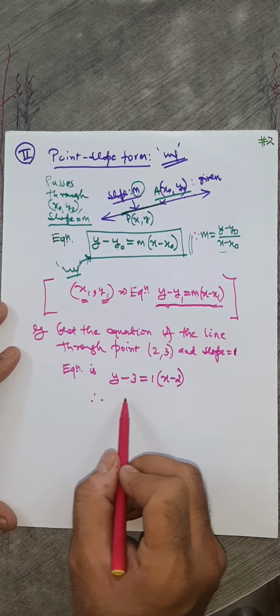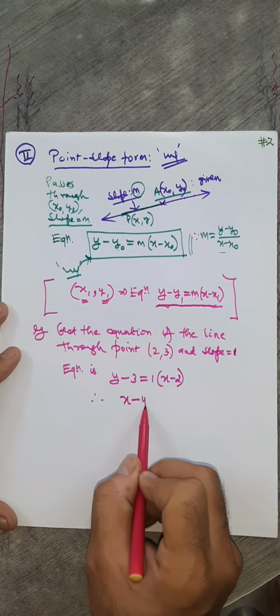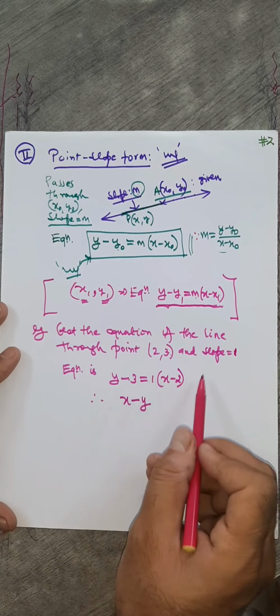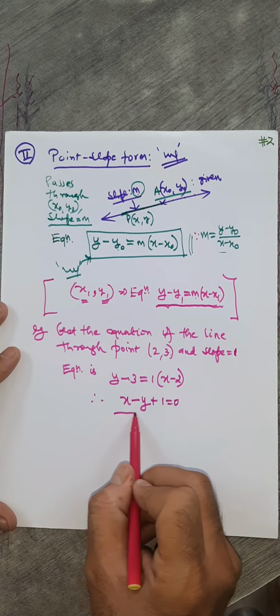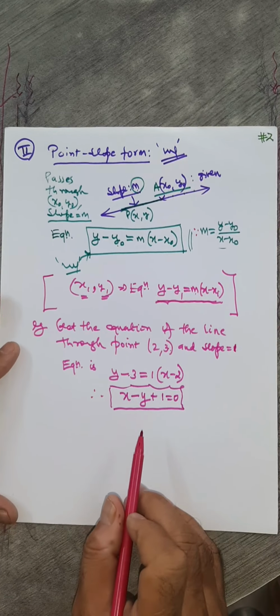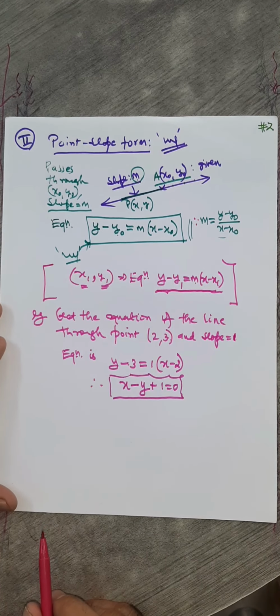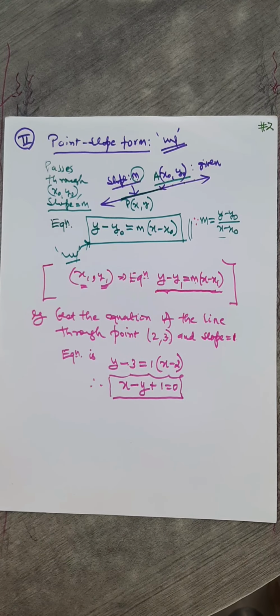If I simplify, I'll take y on the other side: x minus y, and I'll take 3 on the other side, so plus 1 equals 0, because minus 2 is already there. This is the required equation. You can see it's neither horizontal nor vertical. Now you know that at least. Fine? Clear? Point slope form, a very, very important form.